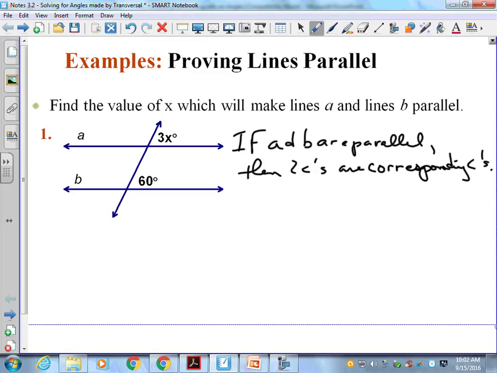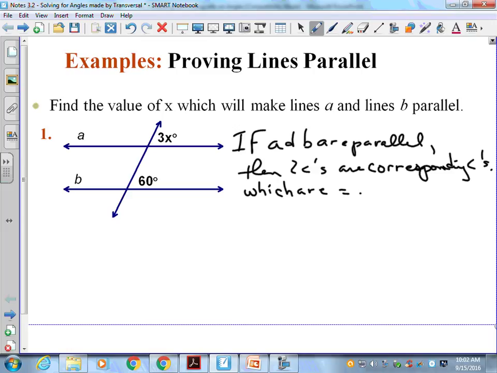The first thing I want you to do is write down a little statement that says if those two lines are parallel, then these two angles are corresponding. And correspondings are always what? Equal. Well, instead of putting a period on the end of that, why don't we just add that they are equal? Put a period there instead.